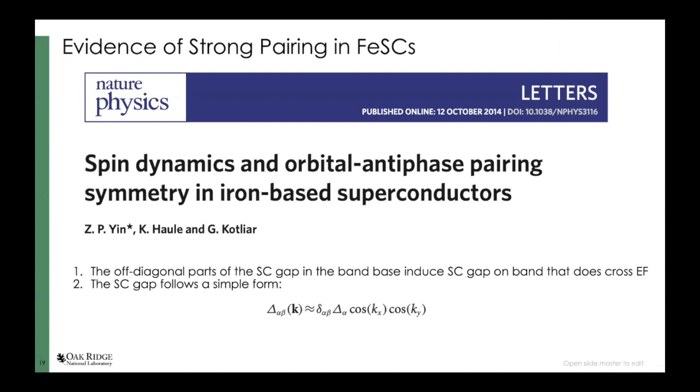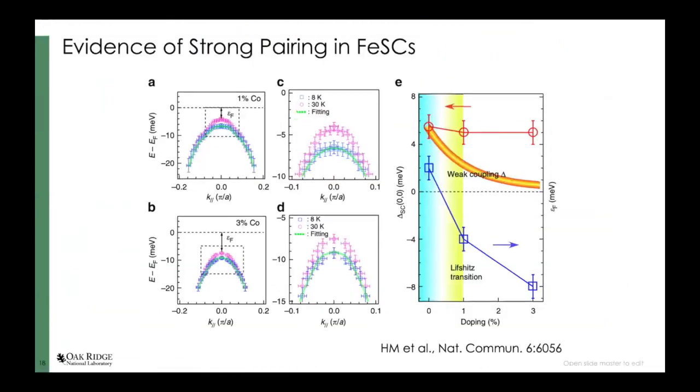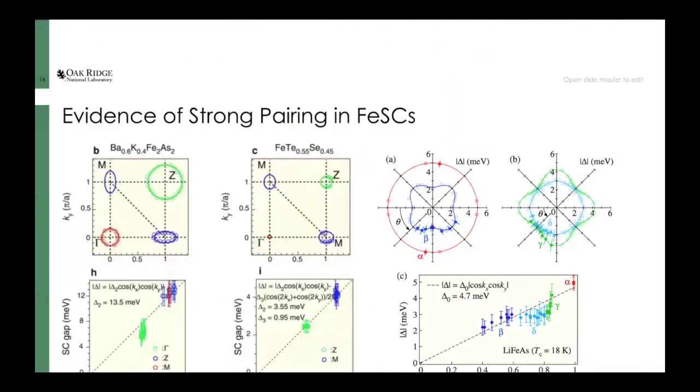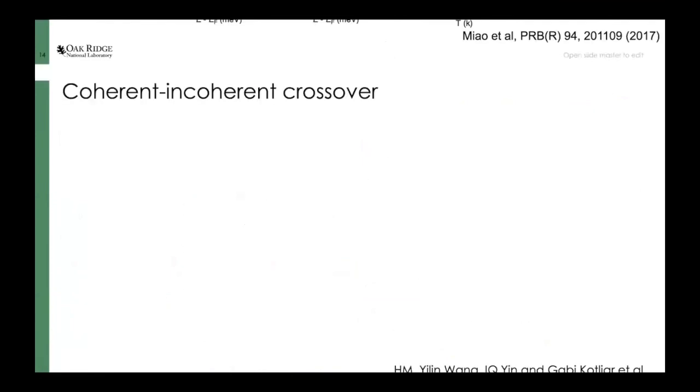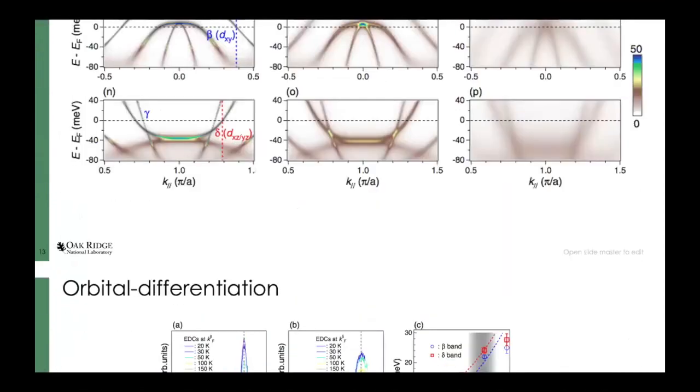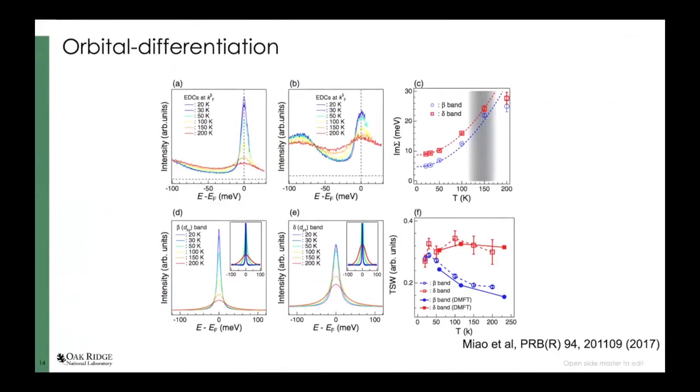I wanted to ask a question about the very beginning when you showed this very beautiful sharp quasi-particle peak. In the upper left panel A, you seem to be able to image that almost 10 meV above the Fermi level, which is kind of wonderful.